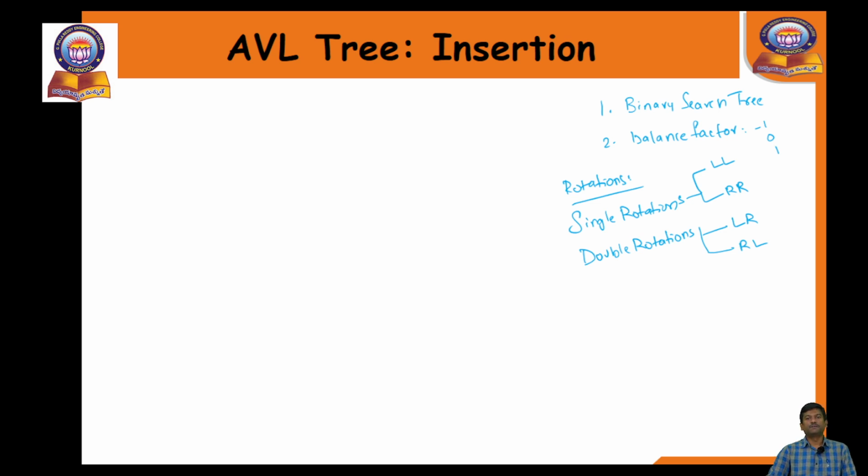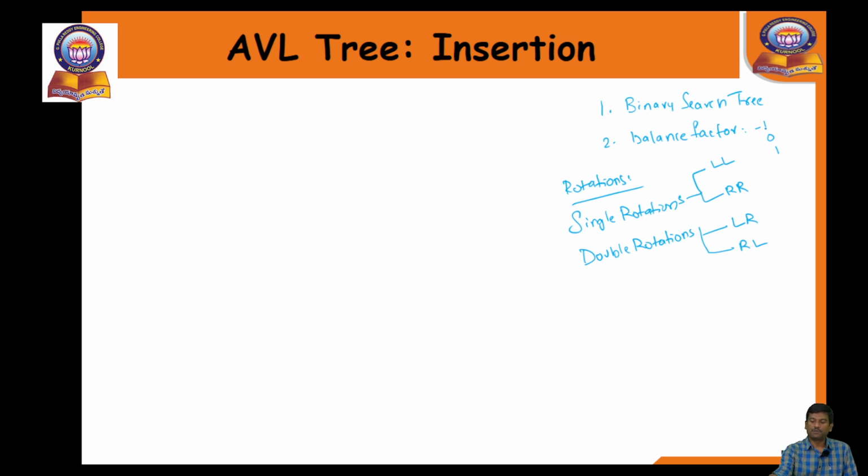And if by inserting any new node in the AVL tree the balance factor goes beyond these allowable values, in such a case we can say it is an unbalanced state. And this unbalanced tree has to be converted into a balanced tree. That is why the rotations are involved.